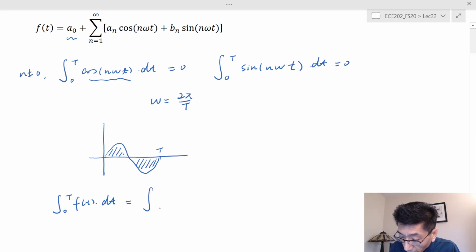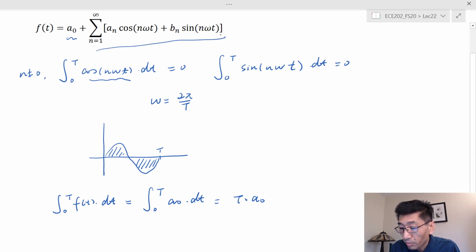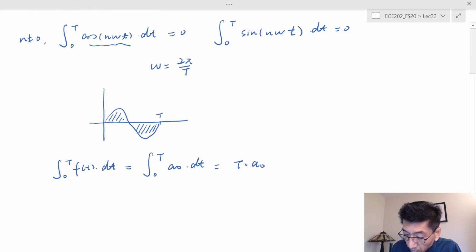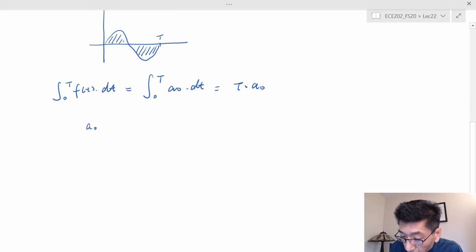So therefore I have the integral from 0 to T of a0 dt. I know a0 is a constant, so I have T times a0. All the other terms, all the AC terms, integrate to 0. So a0, the DC component, is very easy.